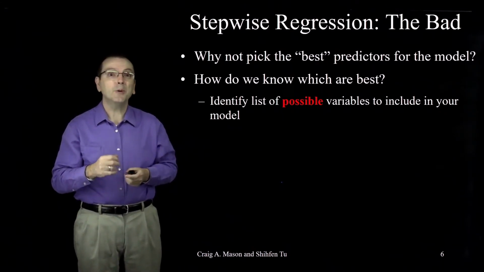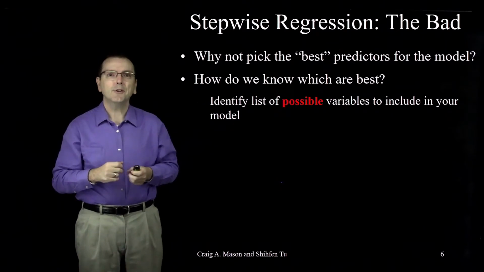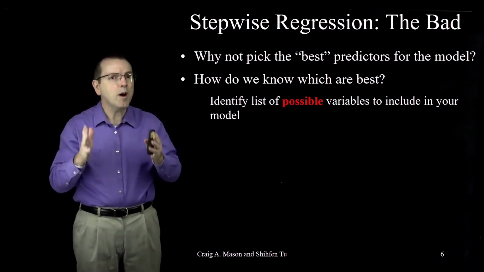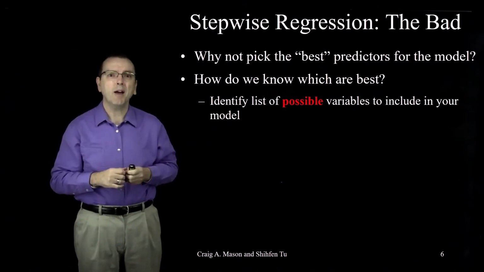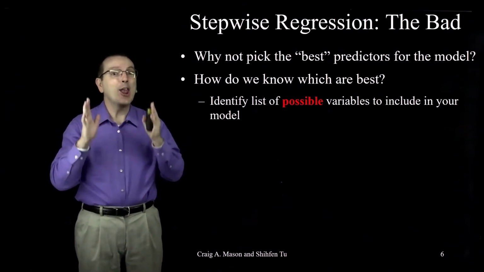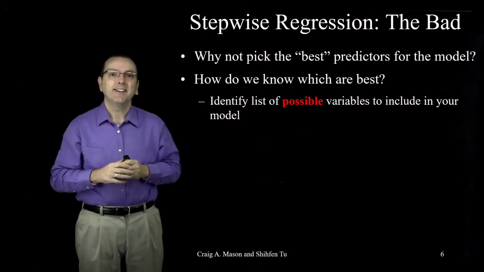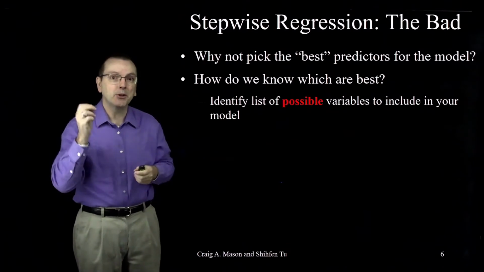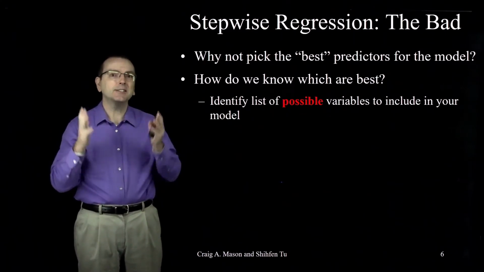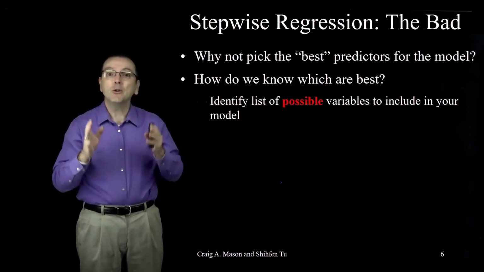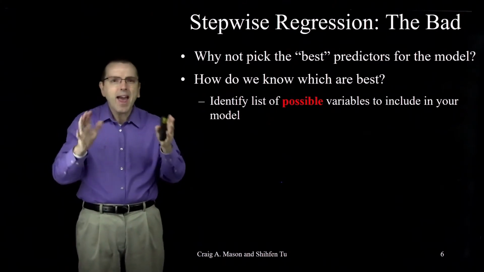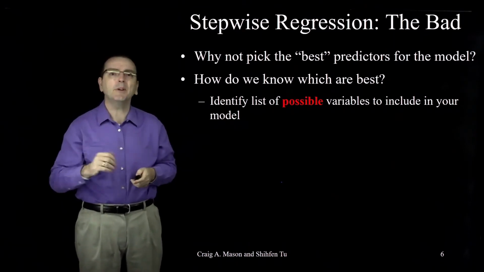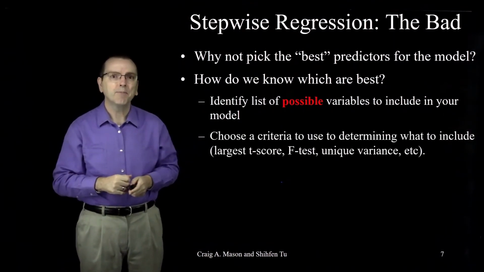You start by doing two things. First, you need a list of possible variables that you may want to include in your final regression model. It may be a long list. Now, most of these variables won't end up in your final model. It's just a list of variables that you think may have an effect and you want to consider for possible inclusion in your model.